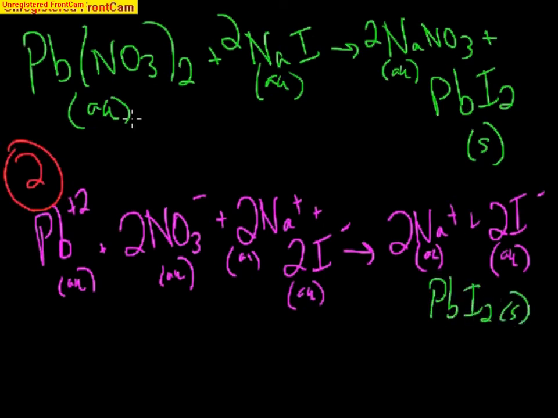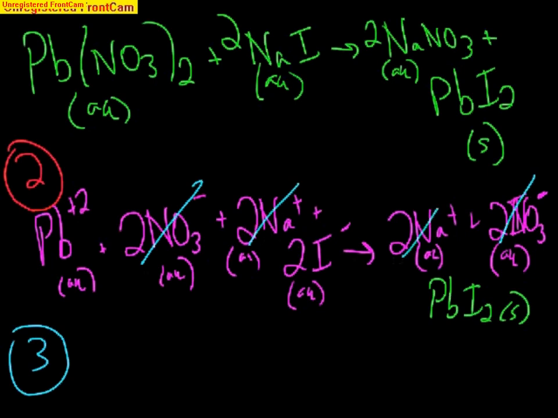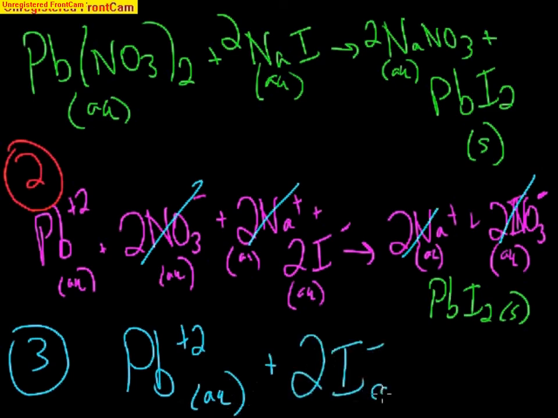So that's step 2. Step 3 then, we're going to cancel out our spectators. So our NO3s cancel, which should be right here. There should be an NO3 minus. So our NO3s cancel and our Nas cancel, leaving behind our Pb plus 2 aqueous form, must have that in there, and our 2I minus aqueous form.